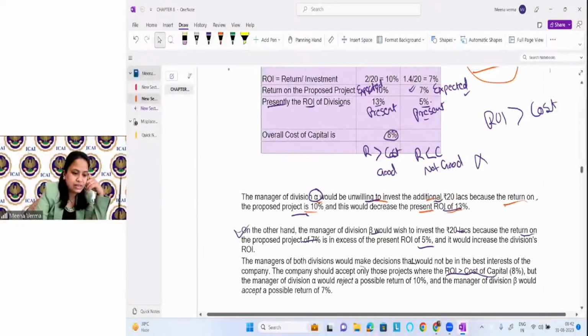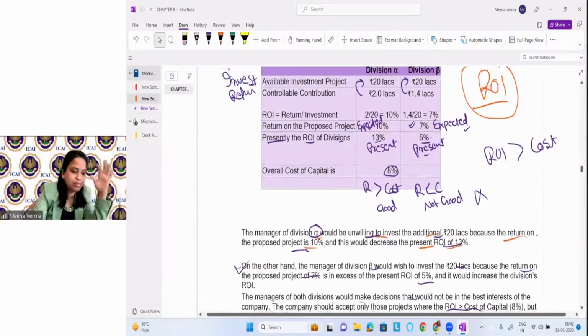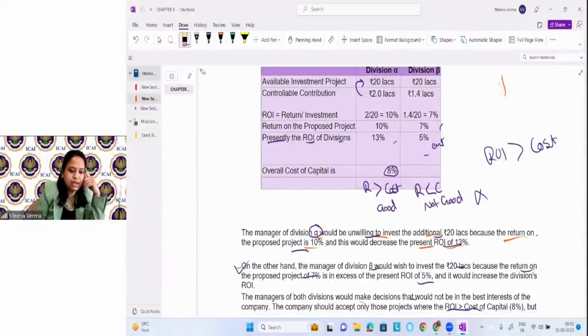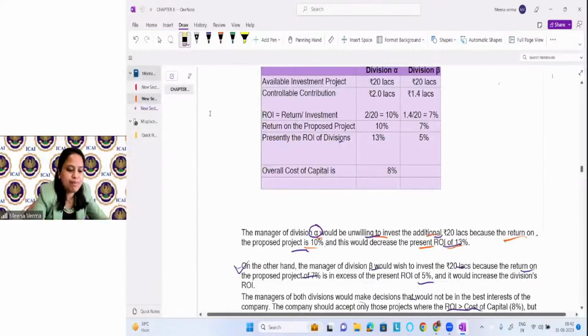If you see here what is happening, if you just make a comparison, the company manager is actually rejecting this. Why are they rejecting this?